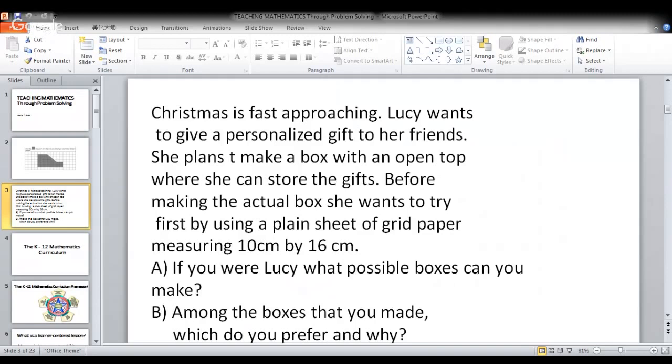So the box will be made using the material 10 centimeters by 16 centimeters. If you were Lucy, what possible boxes can you make? So in our chat, would you tell me what are the possible dimensions of the box?